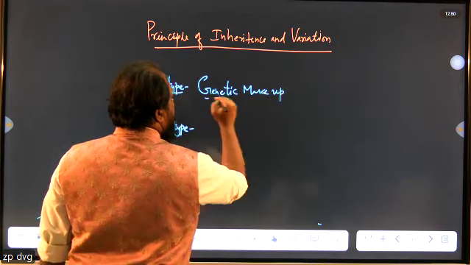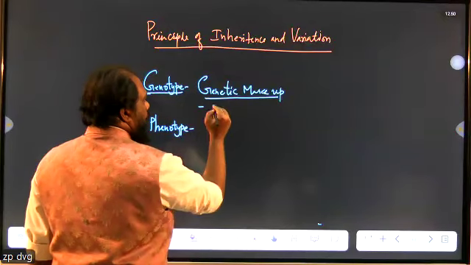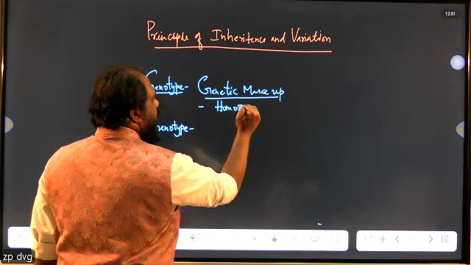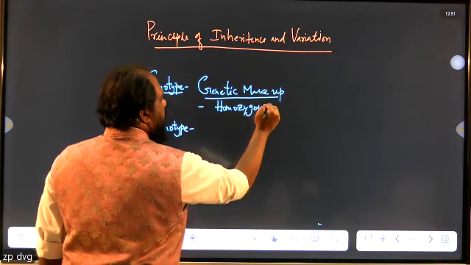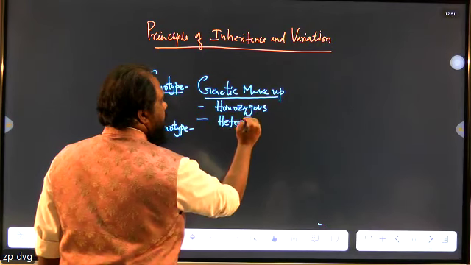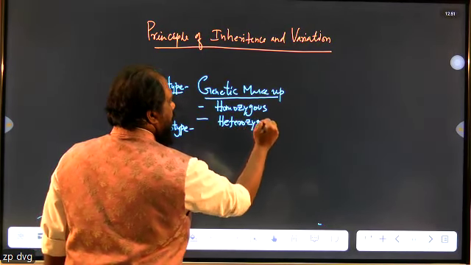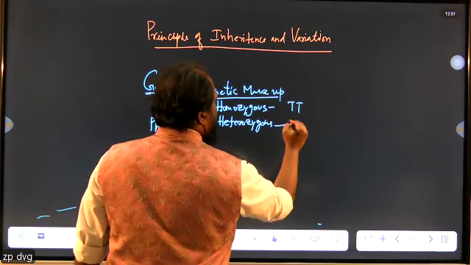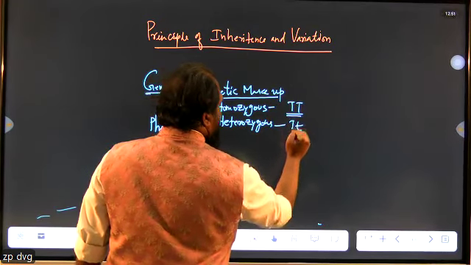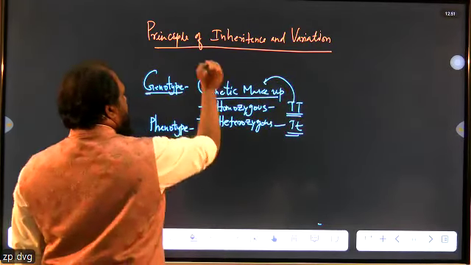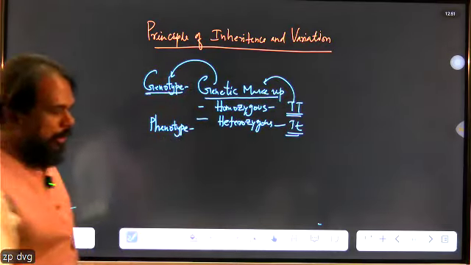What is genetic makeup? The genotype will tell me whether a particular allele is present in the homozygous condition or it is present in the heterozygous condition. See, for example, if I write capital T, capital T, or capital T, small t, this is nothing but a genetic makeup, and the genetic makeup is nothing but a genotype.